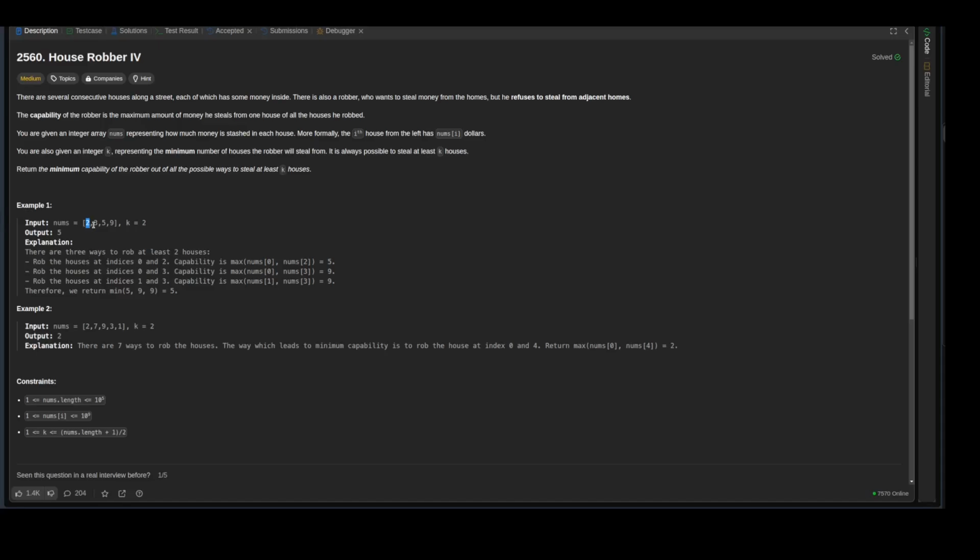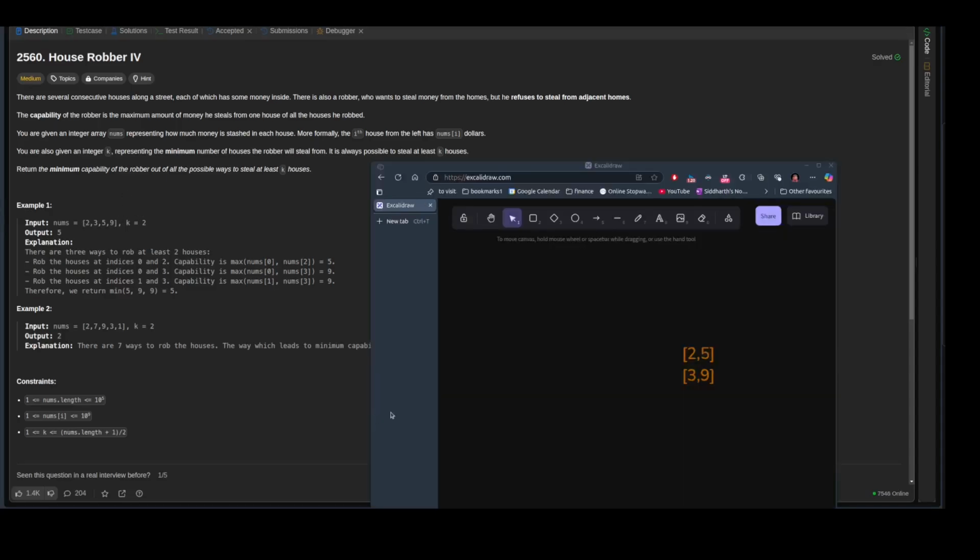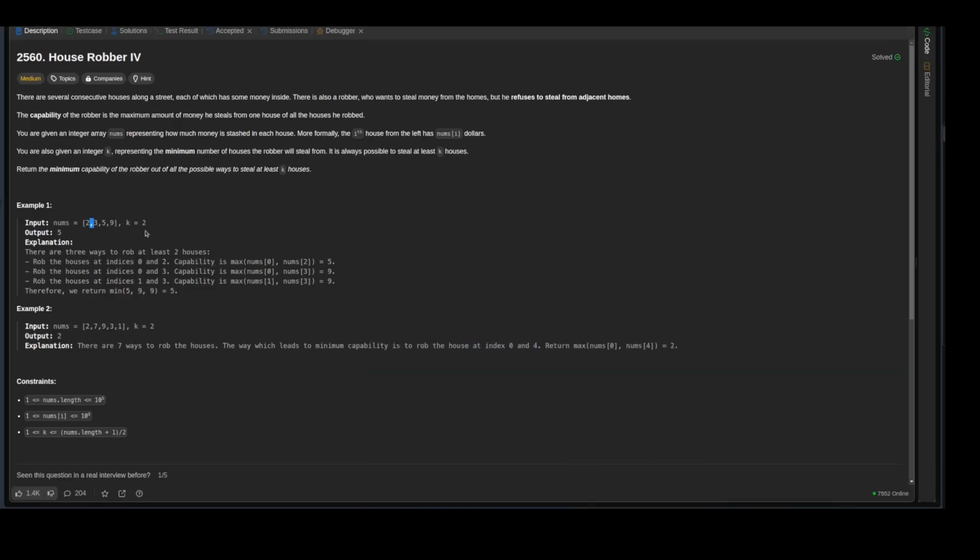Here he can steal 2 and 5, the first house and the third house, because those are not neighboring, and then the capability will be the maximum of these two, which is 5. So the robber can steal either $2 and $5, or $3 and $9.